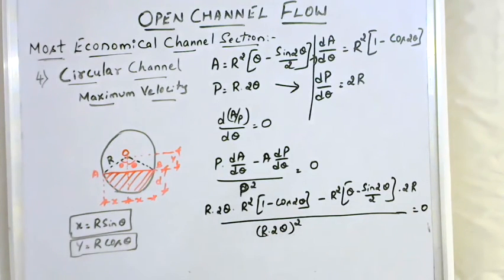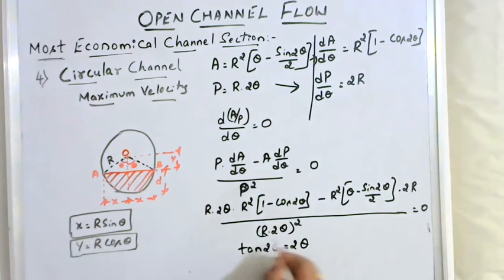If you simplify, you arrive at tan 2 theta is equal to 2 theta. This equation you will get by the trial and error procedure. You need to find the value of theta.